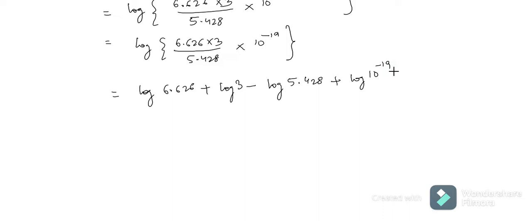You don't need to write this step, just go to the next step directly. Log 6.626 plus log 3 minus log 5.428 minus 19.